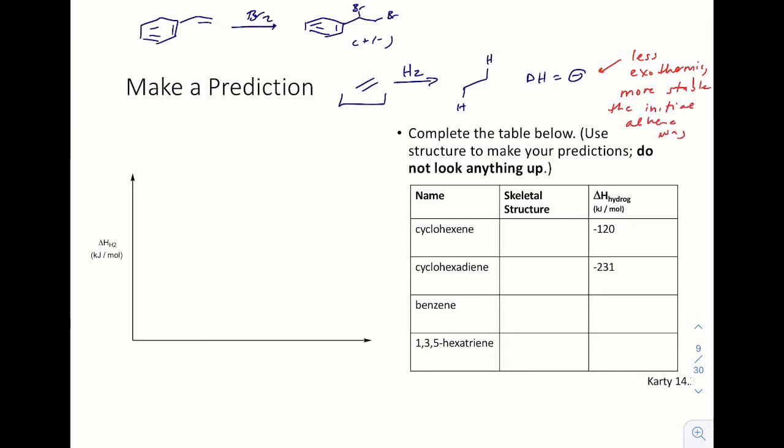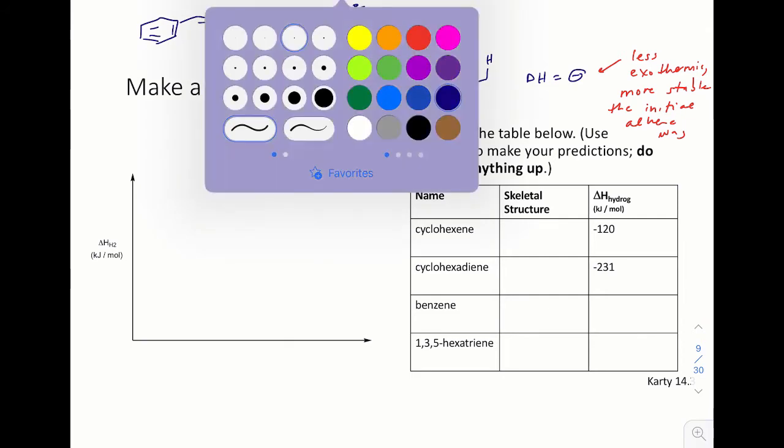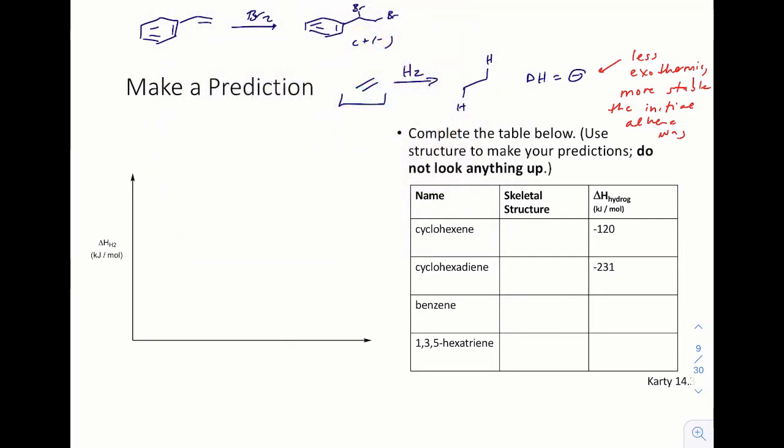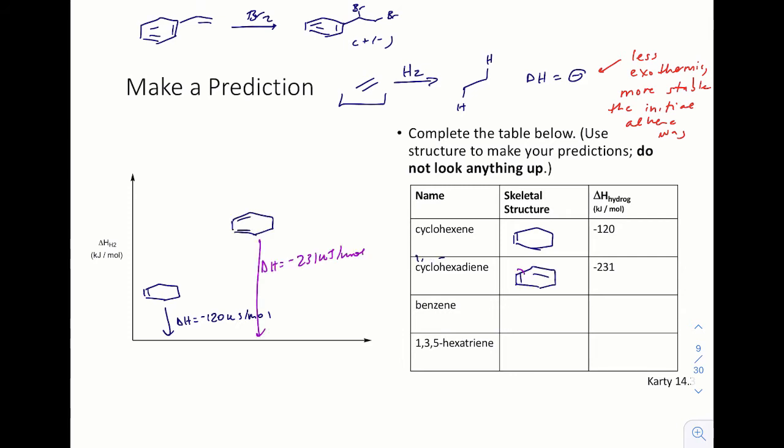So this is a fun exercise that I had for in-person class, and we can try it via the video as well. I'm sure it'll work great. So we can look at cyclohexene, just this first line here, and its heat of hydrogenation is negative 120 kilojoules per mole. 1,3-cyclohexadiene contains 2 alkenes, so you might expect it to have a heat of hydrogenation of twice that of cyclohexene, but that's not the case.